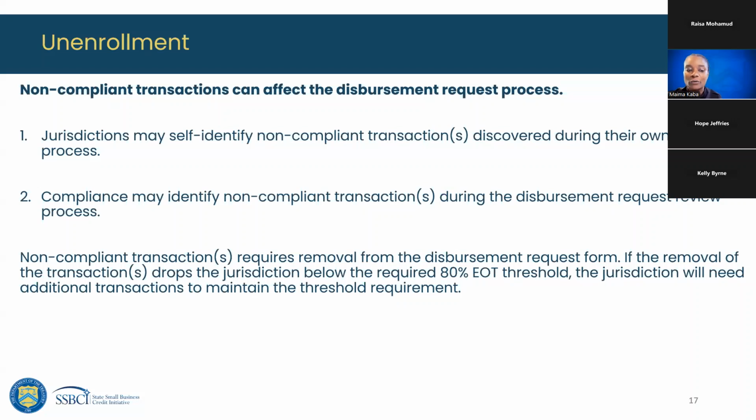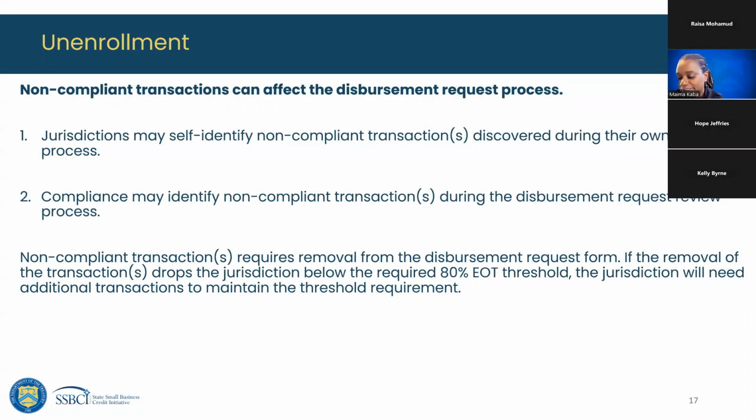If you have confirmed it's not compliant, and based on our review, we've confirmed it's not compliant, we can remove that from the disbursement request form early. We still want to make sure that we handle both separately, but just a review of your transactions and some of the terms laid out in that supporting document file that we sent out might help you identify potential non-compliance that you didn't identify earlier.